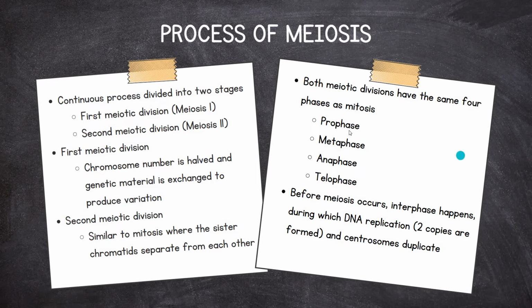Prophase means the beginning of the meiosis process; metaphase, when the chromosomes lie in the middle; anaphase, when they are on opposite sides, like antonym meaning opposite; and telophase, when we have 2 or 4 separate cells that have to phone each other. Yes, telephone. Before meiosis occurs, interphase happens, as we know from mitosis, during which DNA replicates and 2 copies are formed and the centrosomes duplicate.